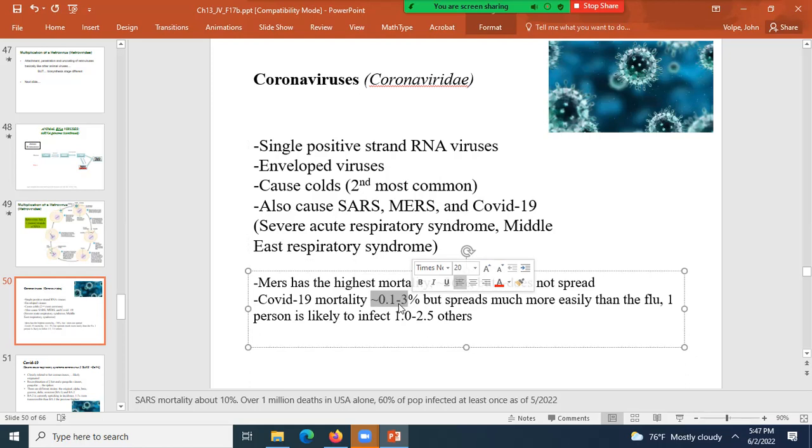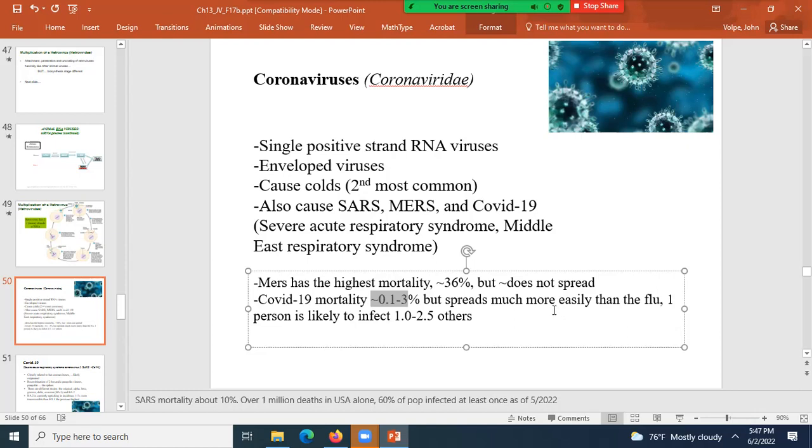The trouble with the mortality rate is that different strains have a different mortality rate. The problem with COVID-19 is it spreads much more easily than the flu does.